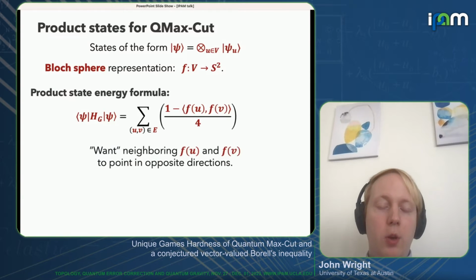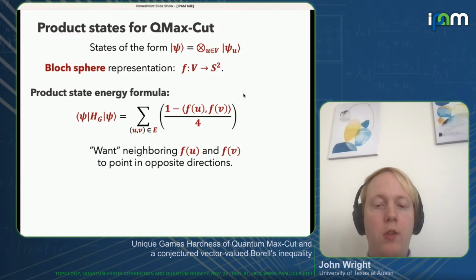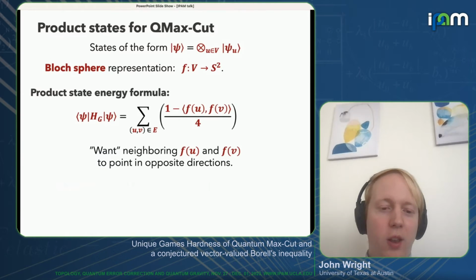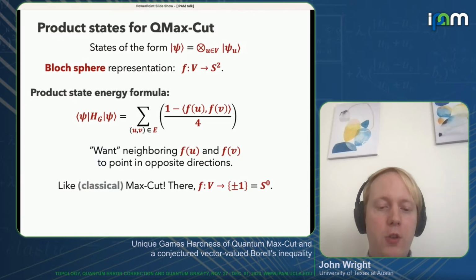What this roughly says is we're trying to maximize this value, so we want these inner products to be as negative as possible. That tells us that we want neighboring three-dimensional unit vectors to point in opposite directions, or as opposite as they can possibly point. This is a lot like the formula for classical max cut.